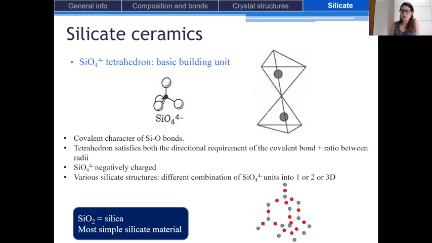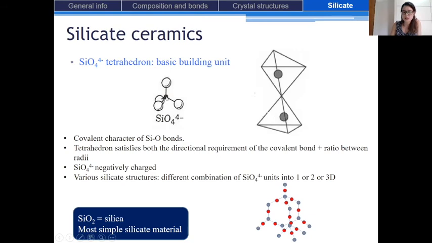And instead of using a unit cell to describe the structure and the organization of atoms in silicate, we are going to use a tetrahedron structure, which is the basic building unit of silicate. So let's have a look.